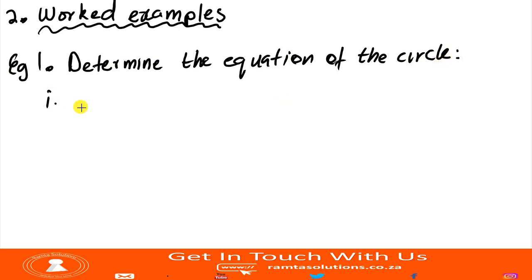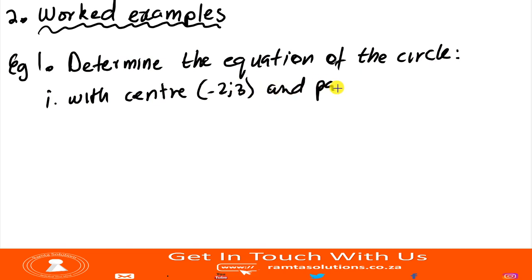Roman figure 1, with a center (-2, 3) and passing through point (4, 5).